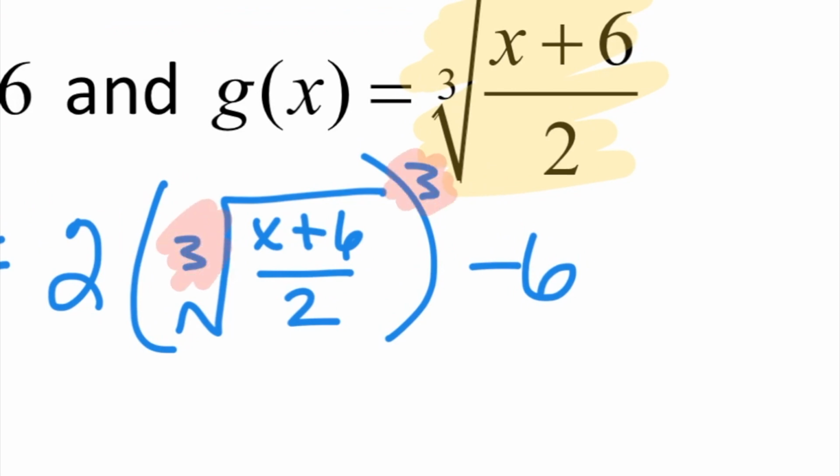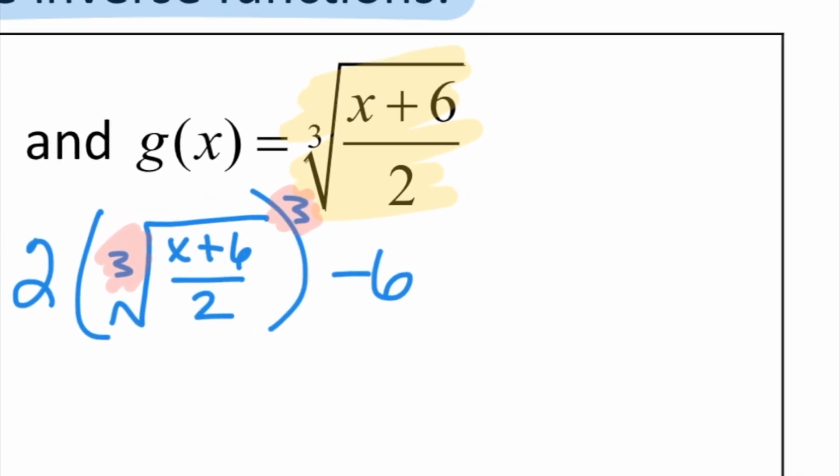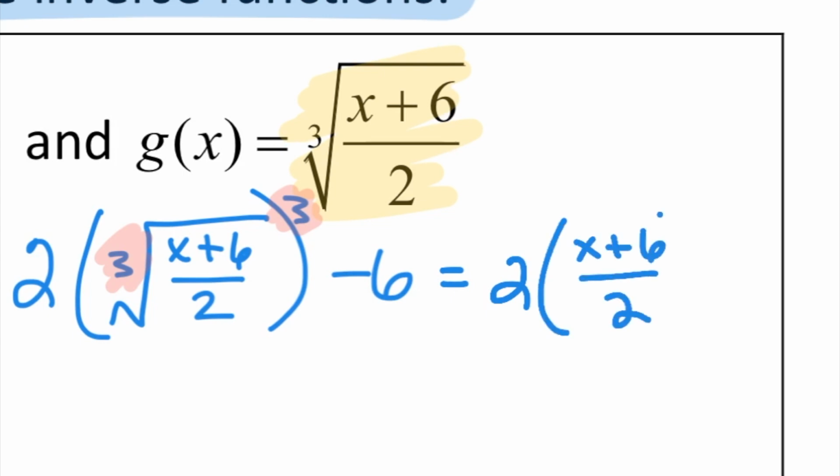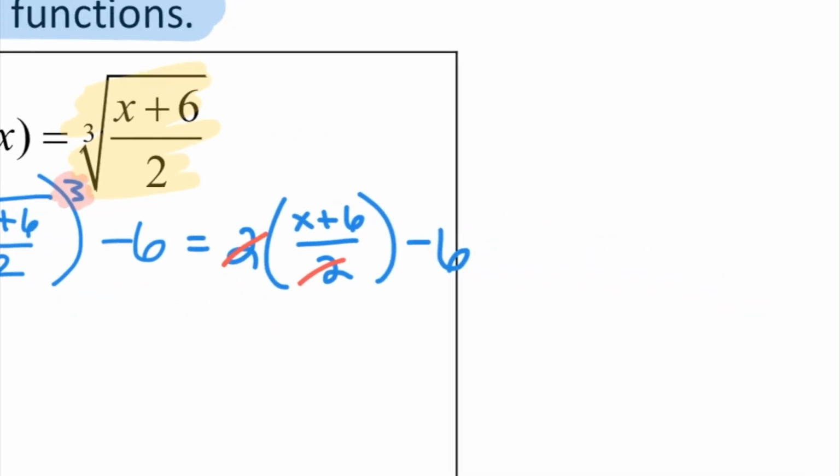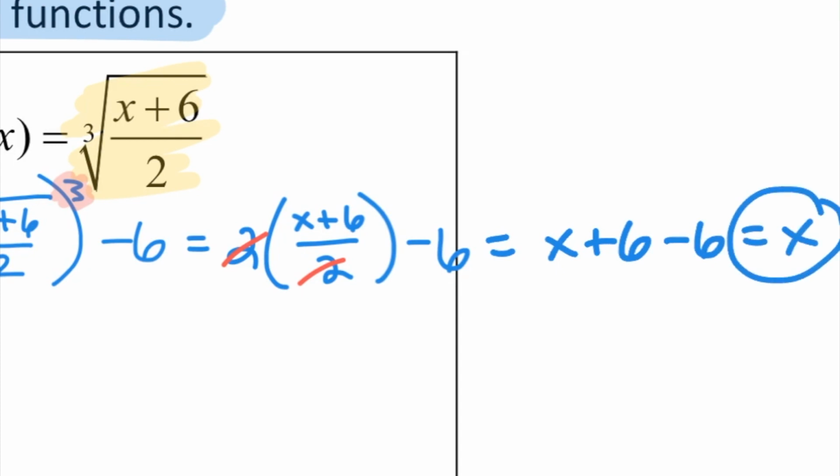Cube root cubed just gives you what's on the inside. Don't forget to use parentheses. So now I've got 2 times x plus 6 over 2 minus 6. Well, look at that. The 2's cancel, and so that whole thing just equals x plus 6 from the numerator minus 6 from outside the parentheses, and all of that just equals x. Boom.